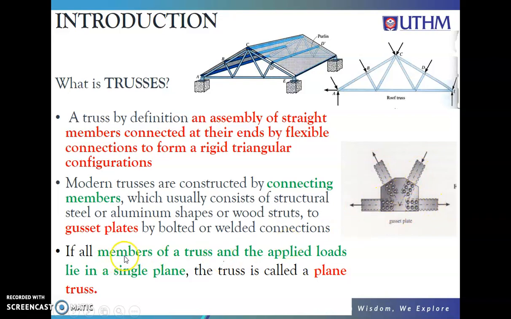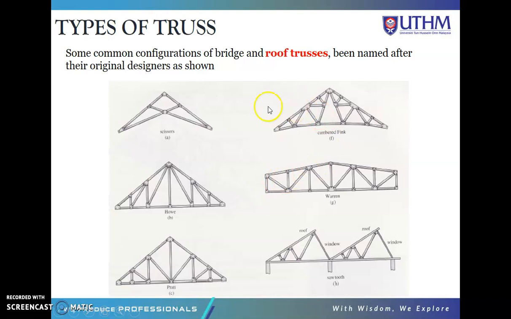It is commonly used in truss structures. If all members of a truss and the applied load lie in a single plane, the truss is called a plane truss. So this is the common configuration of bridge and roof trusses. For example, in this case, the roof trusses. This is some of the examples with the names.